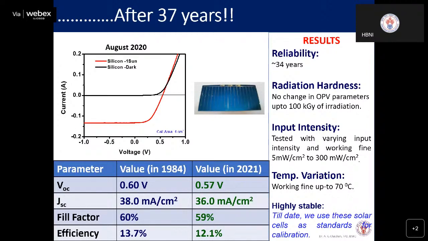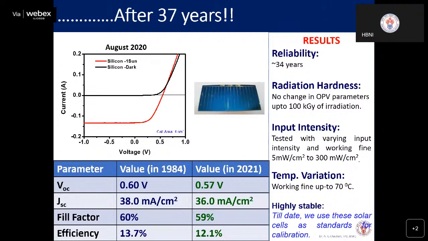Then it should have very high radiation hardness. There are a lot of input intensity variations, because when a solar cell in space sees the sun, it is at a very high intensity. At the other time, when it is on the other side not seeing the sun, it is at a very low temperature.